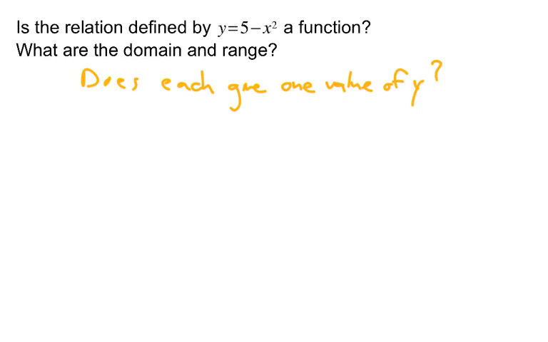If I imagine a number and plug it in for x, is there any way that I could get two values for y? No. You pick any value of x, you're just going to get one single y. So the answer to this question, does each value of x give one value of y, is yes, and that means that it is a function.